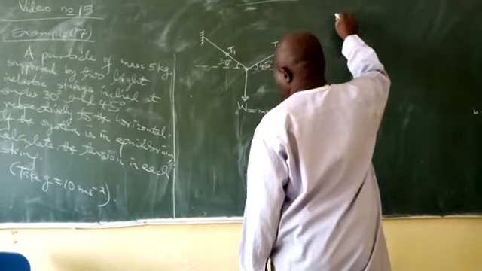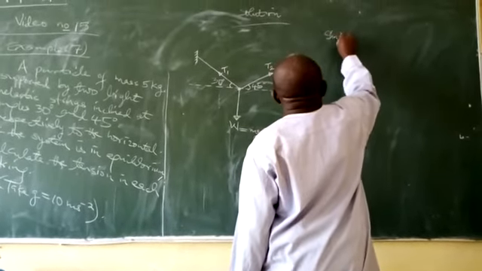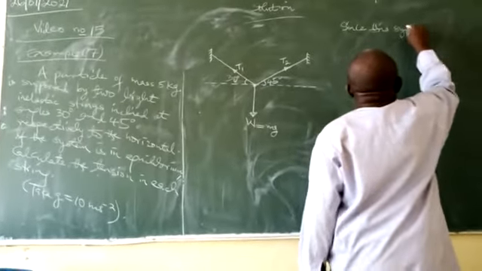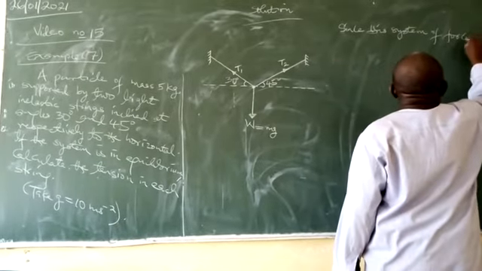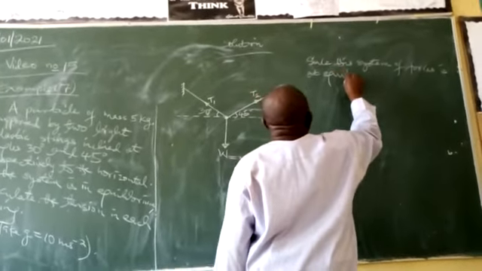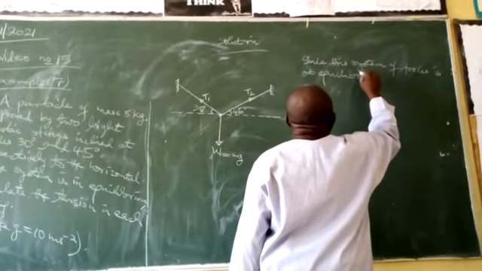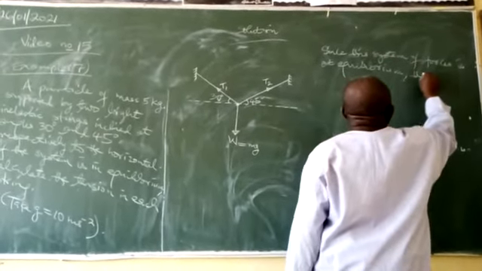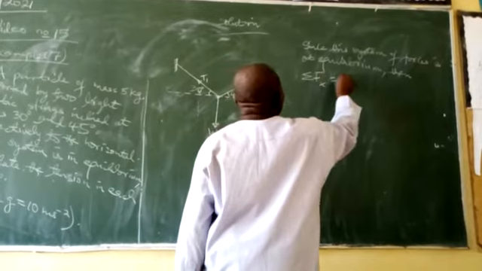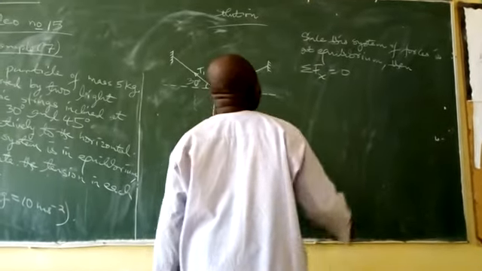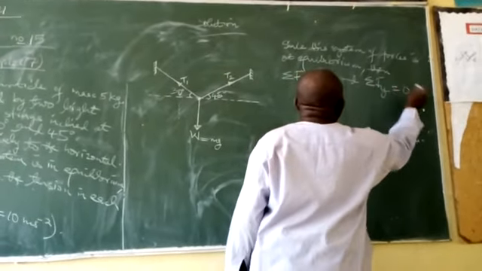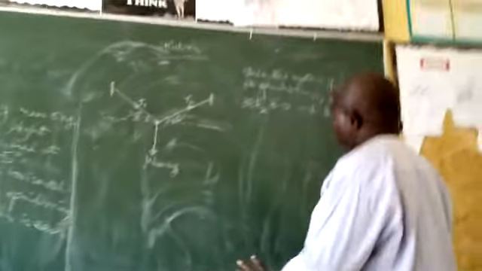Since this system of forces is at equilibrium, then summation Fx is equal to 0, and summation Fy will also be equal to 0. These are the conditions that we're going to apply in solving these questions.